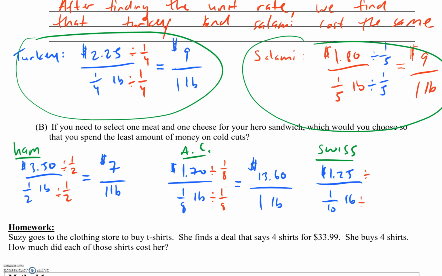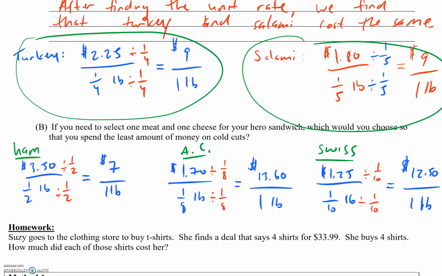Once again, find the unit rate. And we get $12.50 for 1 pound. Alright, now looking at all the unit rates together, we have turkey is $9 for 1 pound, salami is $9 for 1 pound, ham is $7 for 1 pound, American cheese $13.60 for a pound, Swiss cheese being $12.50 for 1 pound.